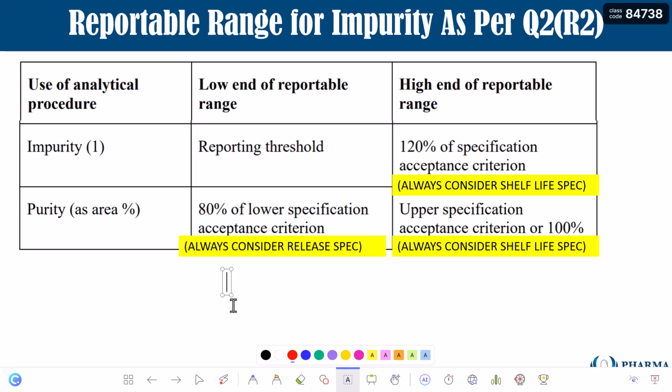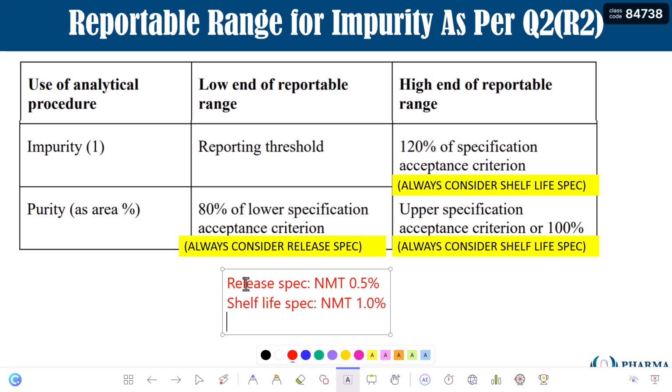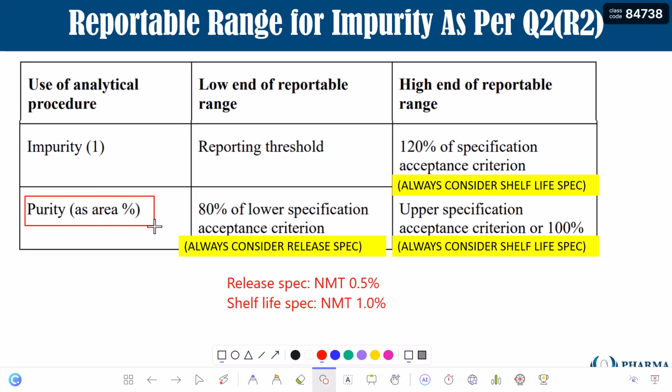So let us say we have the specification that release spec is not more than 0.5% and the shelf life spec is not more than 1%. So what is your high end concentration going to be? Not more than 1%. Means upper specification is not more than 1%. So that is going to define our high end concentration in case we are calculating the impurities on percent area basis.